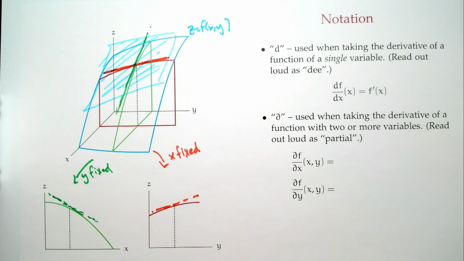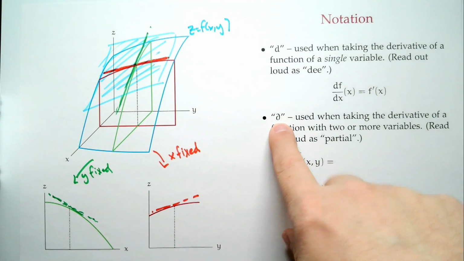And if I see a function of a single variable, I'm going to use D. And we're going to be consistent about that from here on. Whenever we have a single variable function, we use a D. When my function depends on multiple variables, now I switch and use the other notation, which is the partial symbol.